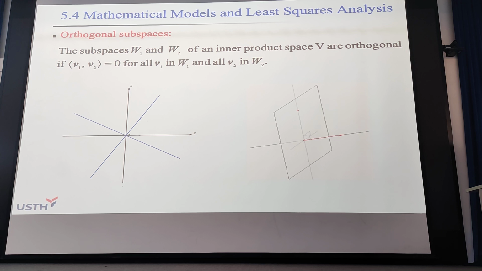And once again, they are orthogonal to each other because if you take any vector lying on the plane and any vector lying on the straight line, they are always orthogonal to each other. So the illustration you already have from high school, but now we define it by this.